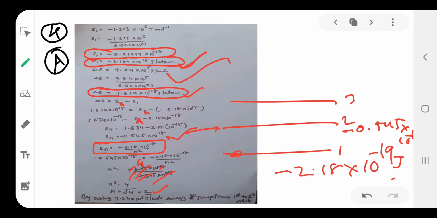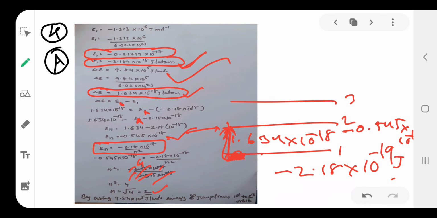The extra amount of energy is 1.634 into 10 power minus 18. By using this extra energy, the ground state electron jumps from the ground state to the second orbit. That's why by using this energy, the electron may be present in the first orbit or it may jump to the second orbit.